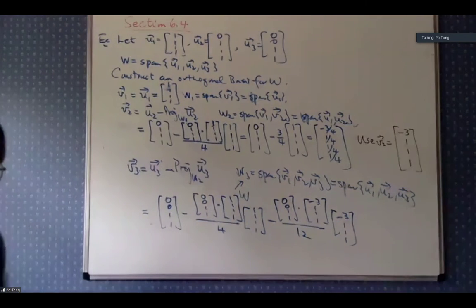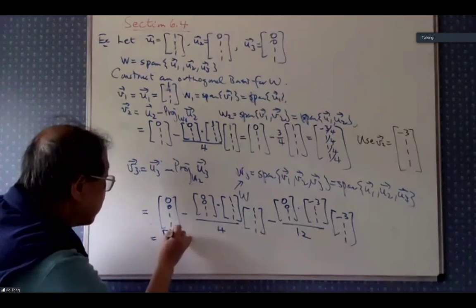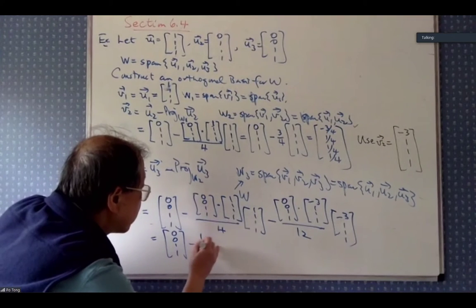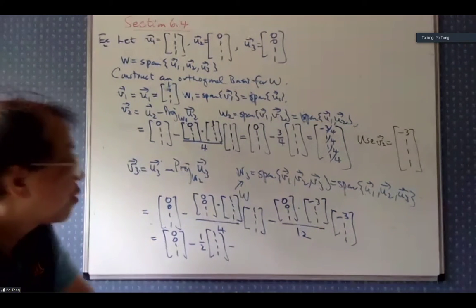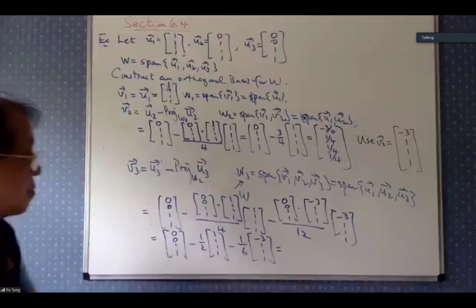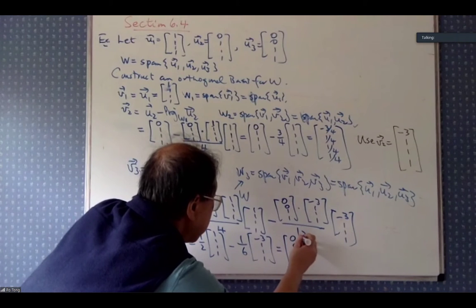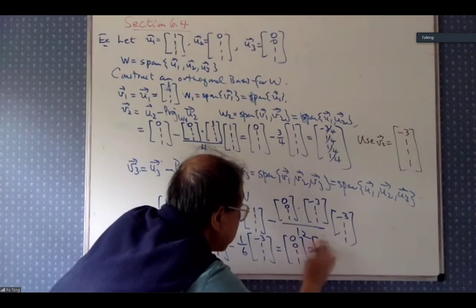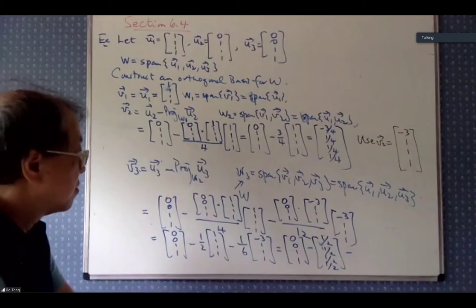Is it okay? It's just a bunch of computation now. One half minus 2 over 12. Minus what?